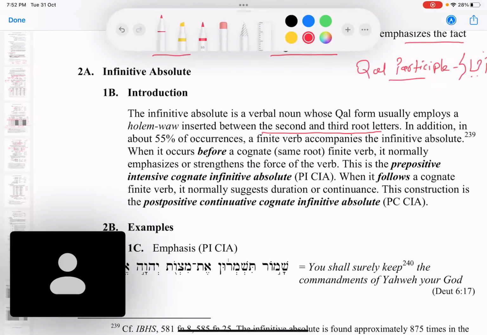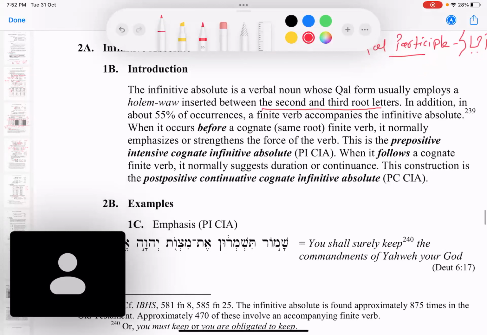And in the infinitive absolute, there are two types. The first form is PICIA, that is prepositive intensive cognate infinitive absolute.